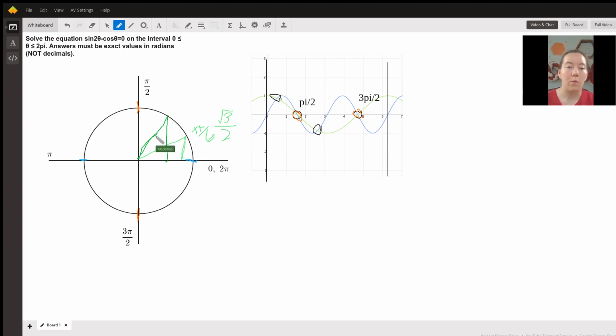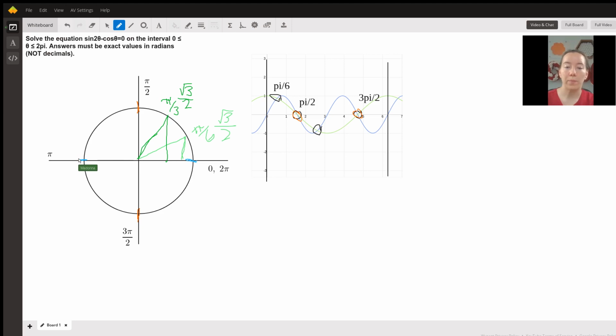And if we have 1, 2, square root of 3 at pi over 3, you can see that the sine, the opposite over the hypotenuse, is also square root of 3 over 2. So there's our next answer. I'm going to type in here pi over 6.